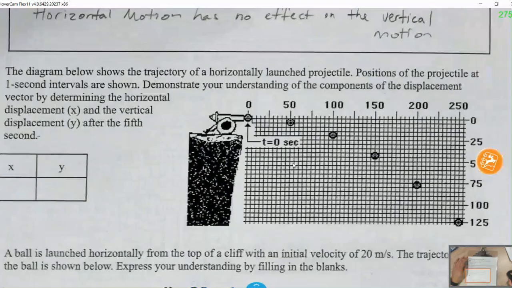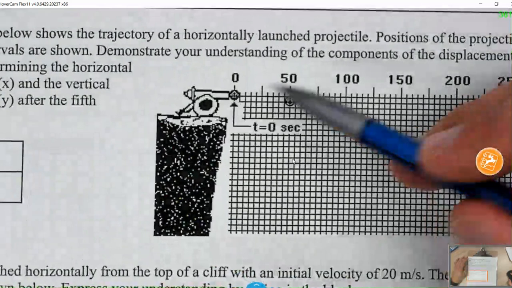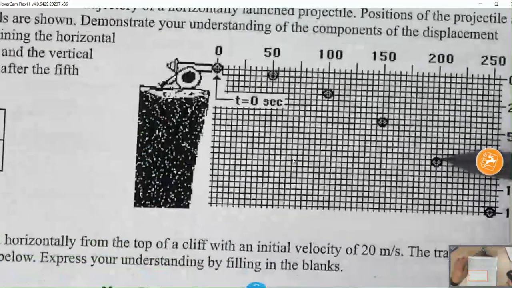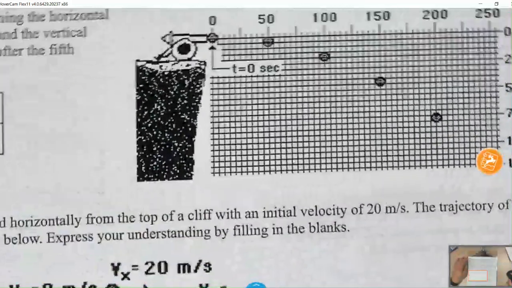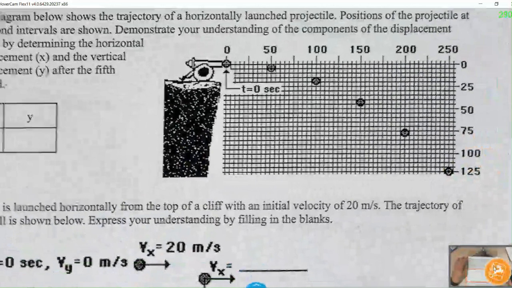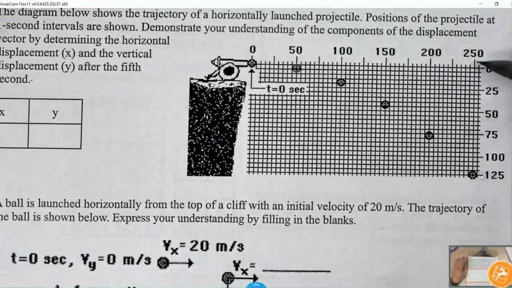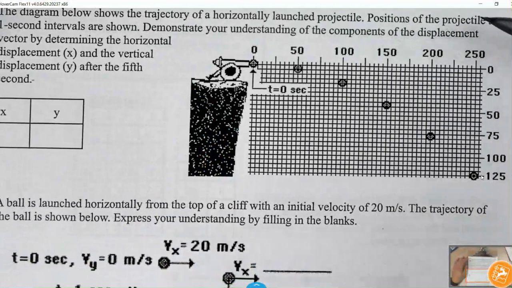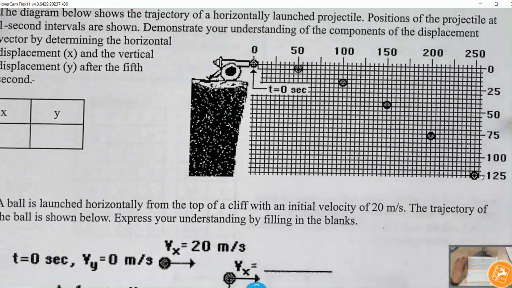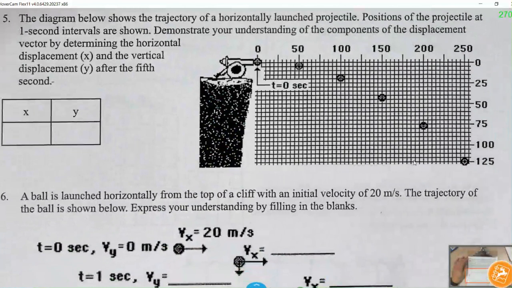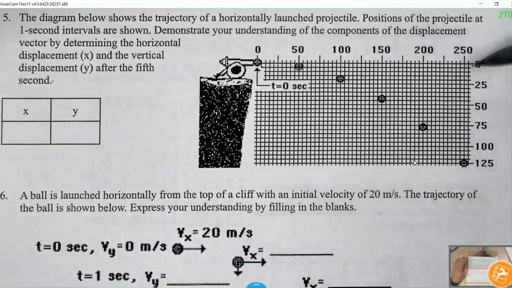So if this is 0 seconds, 1, 2, 3, 4, 5. So right here, this would be your 5th second. So what is its vertical displacement? How far down is it from where it started?